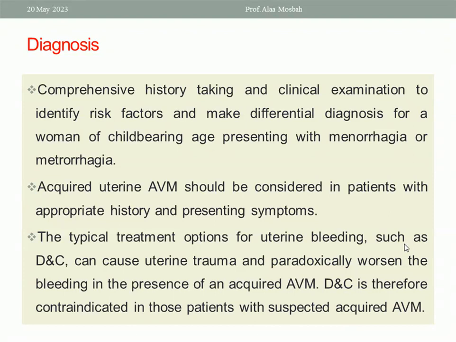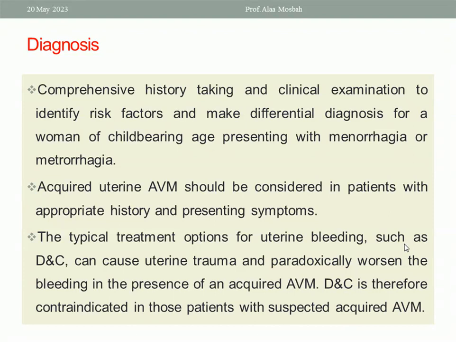The typical treatment options for uterine bleeding, such as D&C, can cause uterine trauma and paradoxically worsen the bleeding in the presence of an acquired arteriovenous malformation. D&C is therefore contraindicated in those patients with suspected acquired arteriovenous malformation.